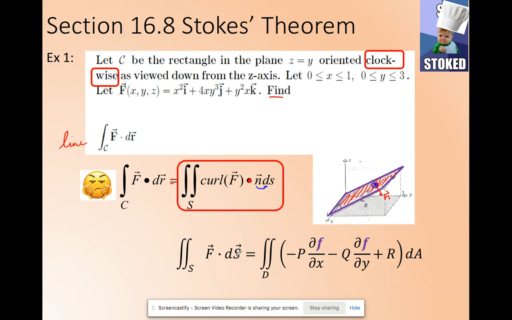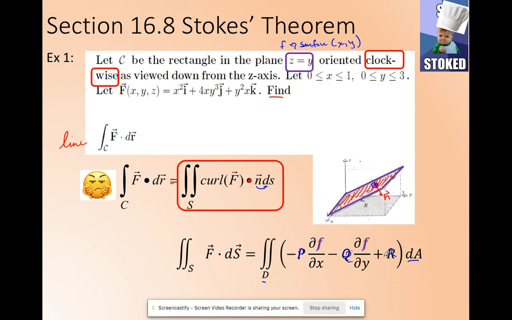And I'm wrapping the normal up in here, and then the surface area can be 2D over a region, as long as these values, P, Q, and R, come from calculating the curl. And then these are the partials. This is my dot product with the partials of what? My surface, in terms of X and Y.